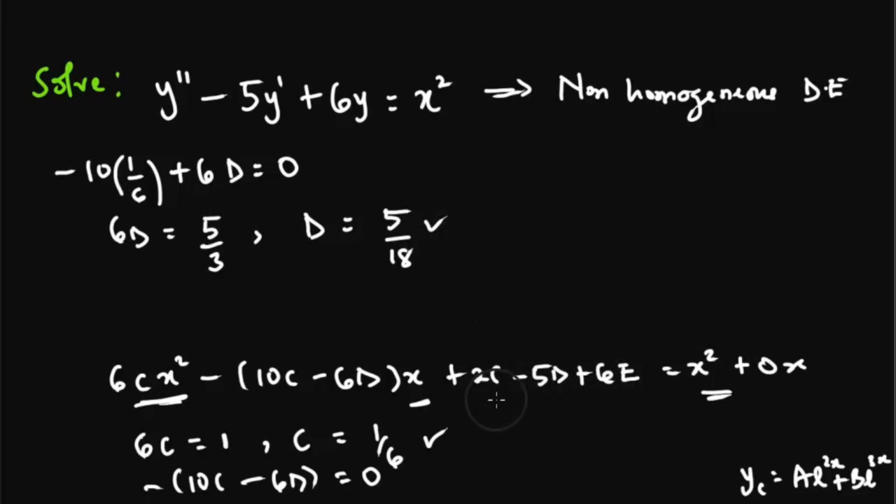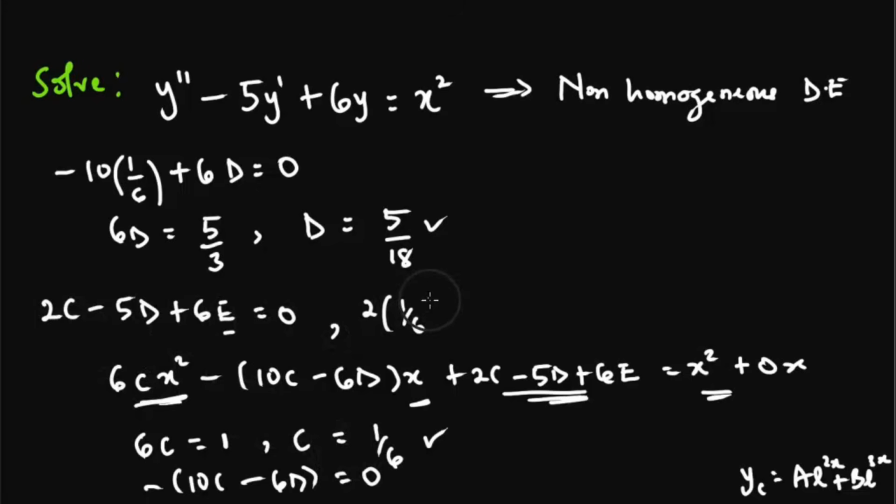Now we can also compare the constant terms on the left-hand side to the right-hand side, which is equal to 0. So 2c minus 5d plus 6e equals 0, and we can substitute our c and d to get e. So we have 2 into 1 over 6 minus 5 into 5 over 18 plus 6e equals 0.